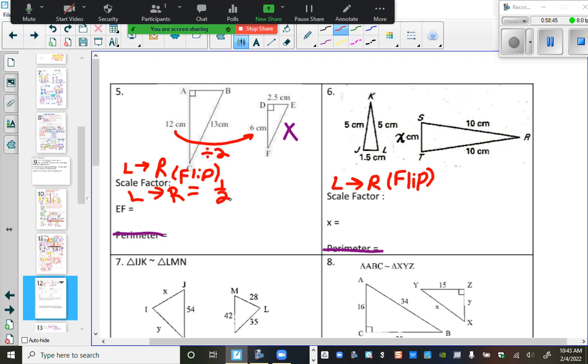And then on the flip side, Des also said, I go from the smaller to the larger, I have to multiply by 2. So then this side would be 5. So if you go from right to left, your scale factor is going to be 2 over 1, which is 2.